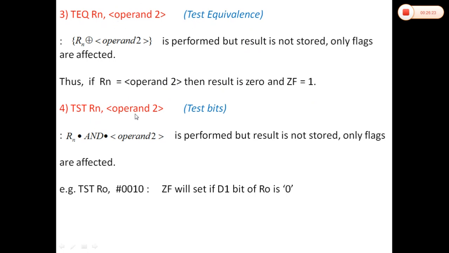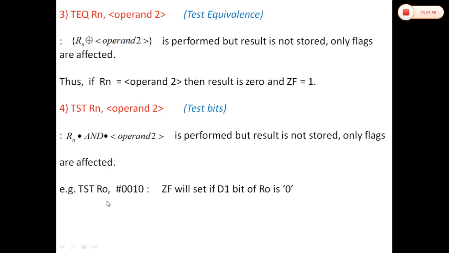This instruction, TST, is used to test the status of individual bits of Rn. Test bits. For example, if you want to know whether a certain bit of Rn is 1 or 0, then this instruction can be used. In that case, whichever bit of Rn you want to test, that bit should be set in this pattern, and all the remaining bits should be kept 0.